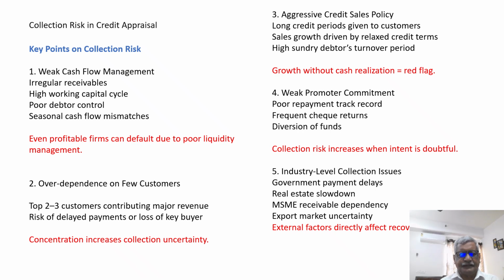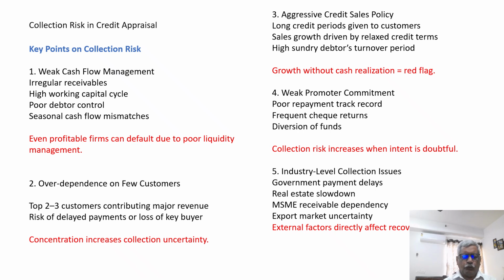Collection risk in credit appraisal. Key points on collection risk. 1. Weak cash flow management. Irregular receivables, high working capital cycle, poor debtor control, seasonal cash flow mismatches. Even profitable firms can default due to poor liquidity management.